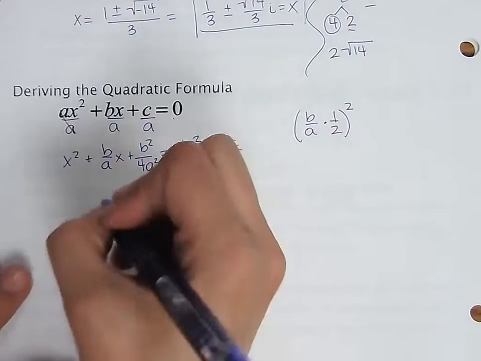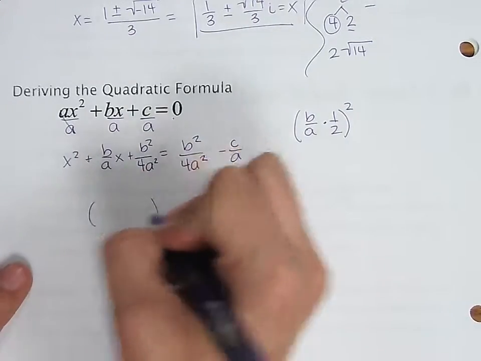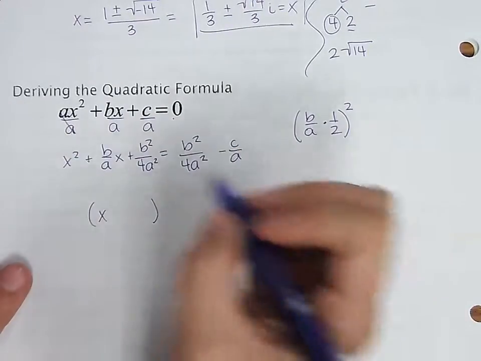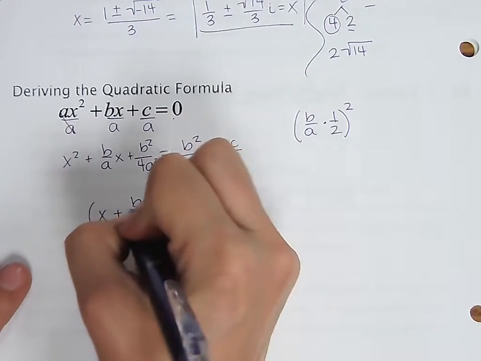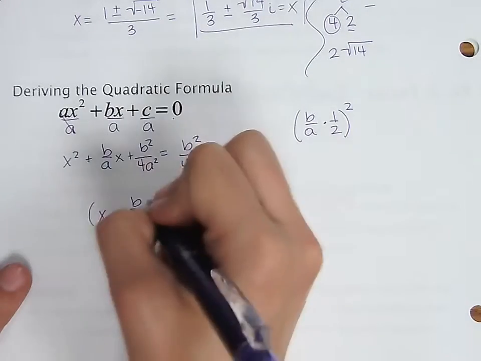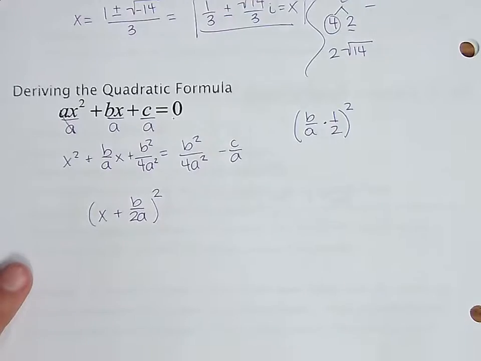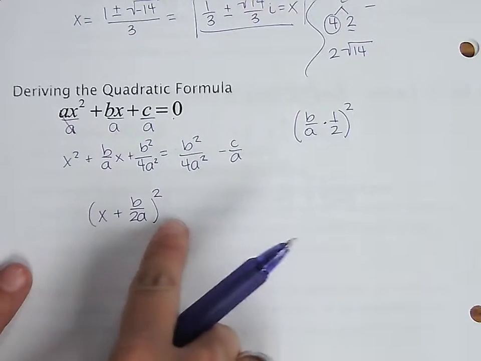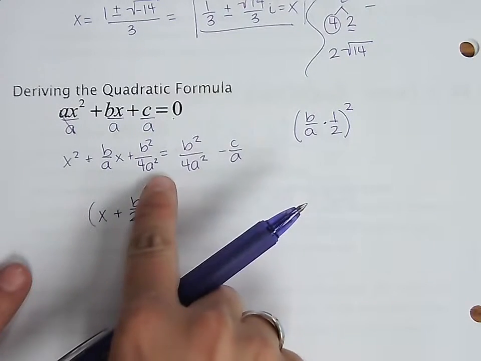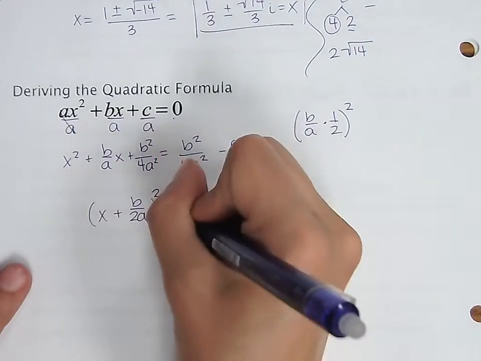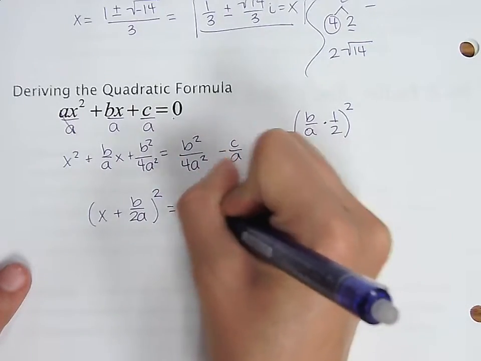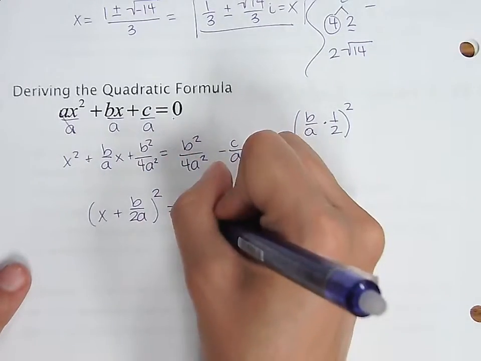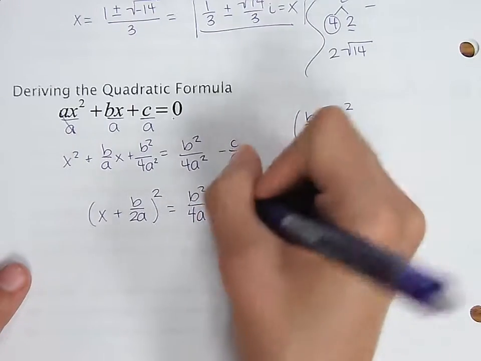Alright, this allows me to then make it x plus b over 2a quantity squared. Alright, so if I took this and I duplicated it and I multiplied it out, I would end up with this again, equals b squared over 4a squared.